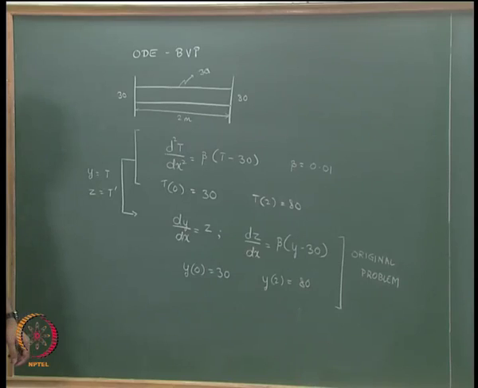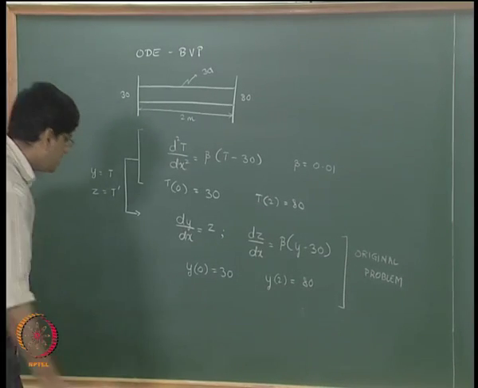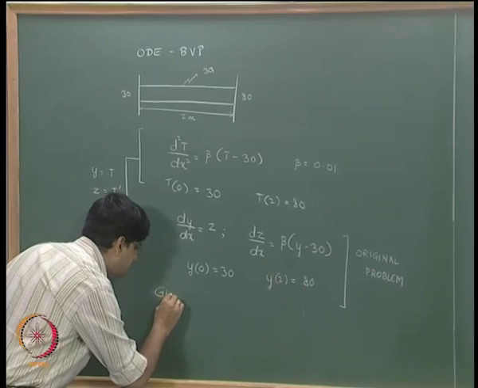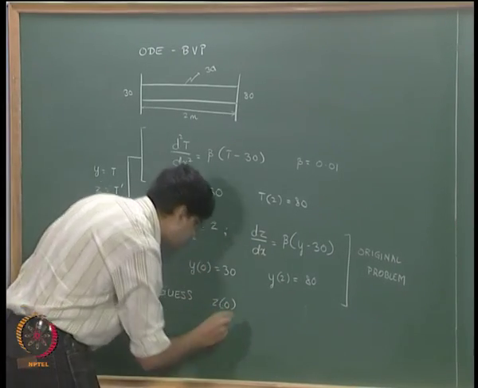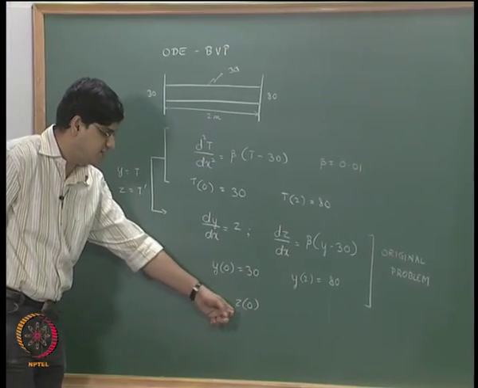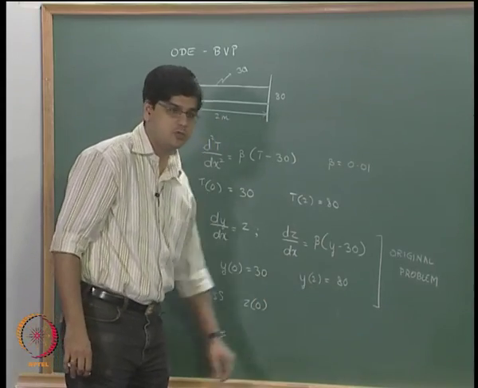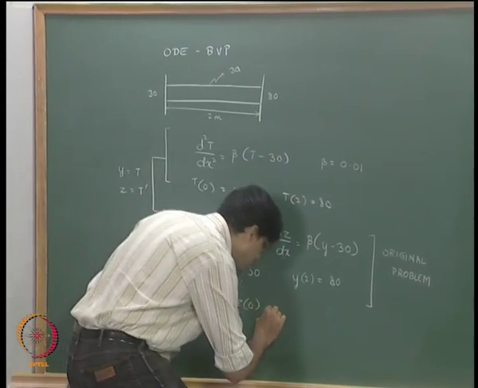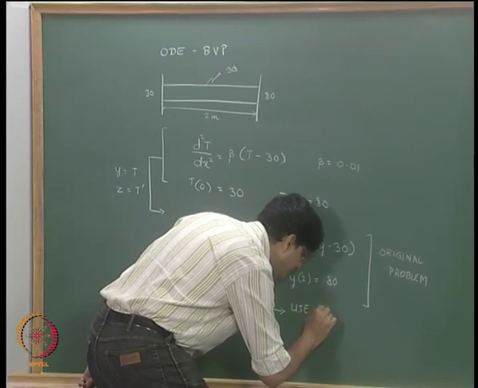The way we are going to convert this into an initial value problem is we are going to guess z0 and modify these guesses such that finally we reach y2 equal to 80, and we are going to modify using the bisection method.